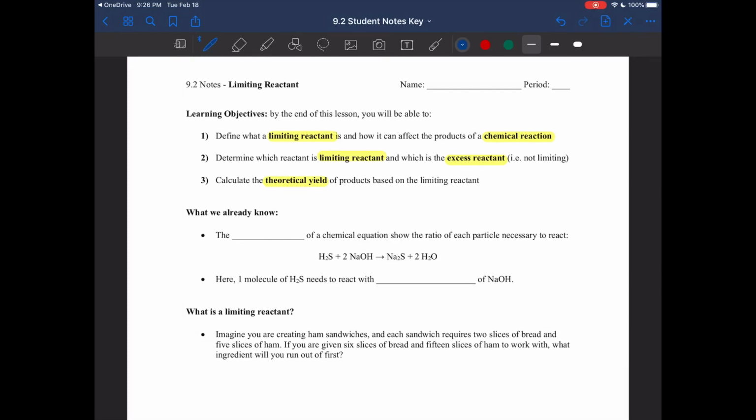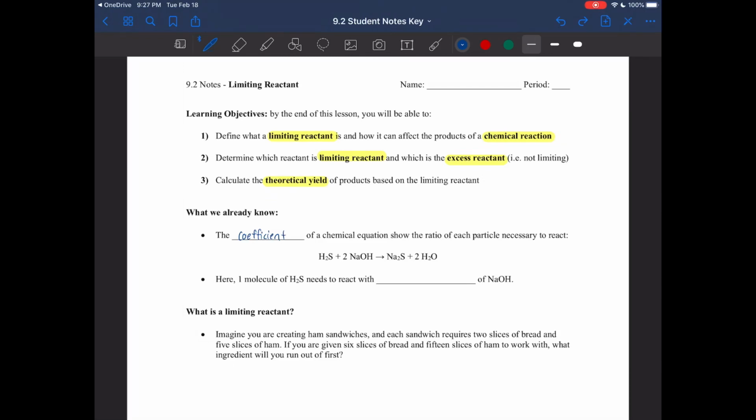So what we already know is that the coefficients of a chemical equation show the ratio of each particle necessary to react. For example, here, we need one particle of H2S to react with two particles of NaOH. Alternatively, you can think of it as 1 mole of H2S is needed to react with 2 moles of NaOH.